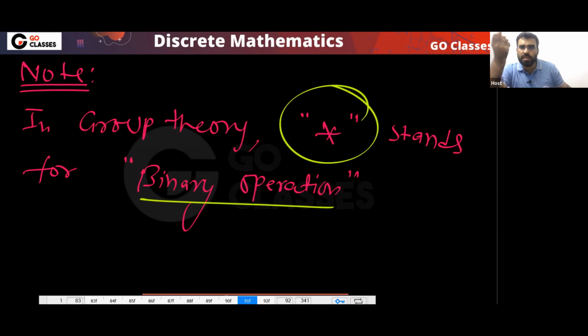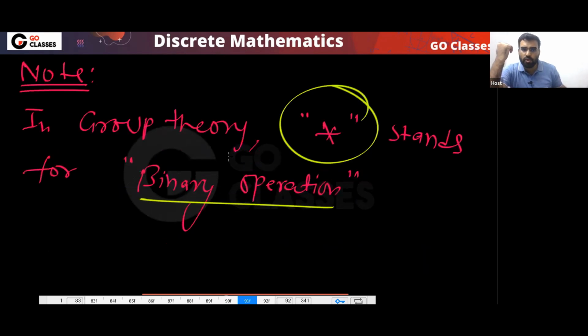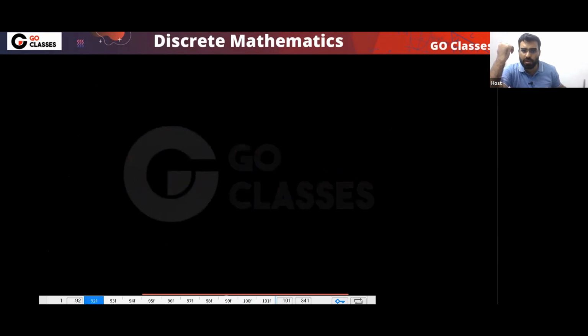So star does not always mean multiplication. If star means multiplication, I will make it clear and say that this is multiplication. If I don't say that, it means it can be anything. Like in POSET this symbol stands for partial order relation, in group theory this symbol stands for binary operation.